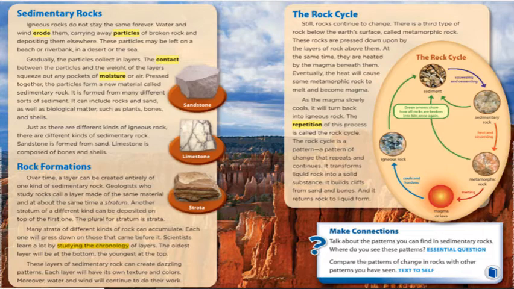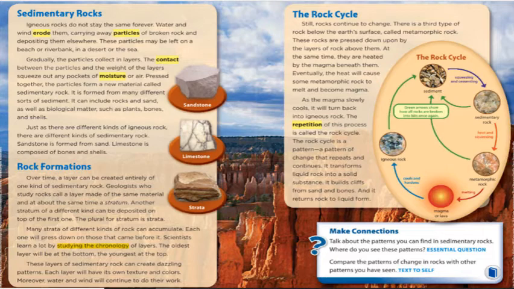Rock formations. Over time, a layer can be created entirely of one kind of sedimentary rock. Geologists who study rocks call a layer made of the same material and at about the same time a stratum. Another stratum of a different kind can be deposited on top of the first one. The plural of stratum is strata.